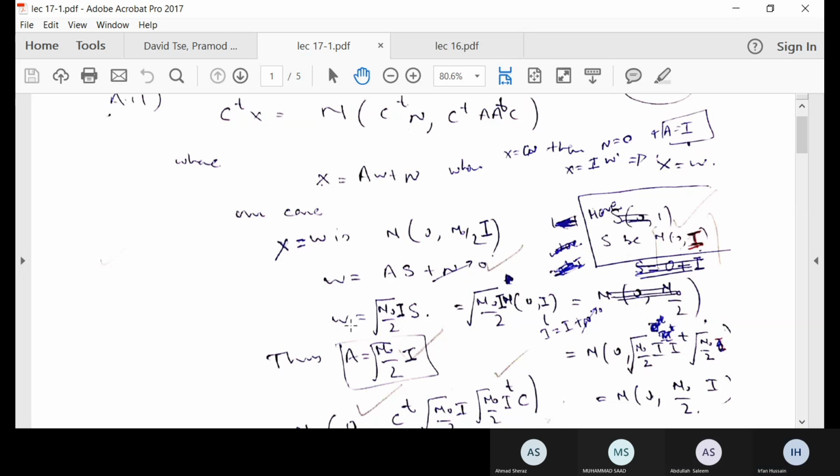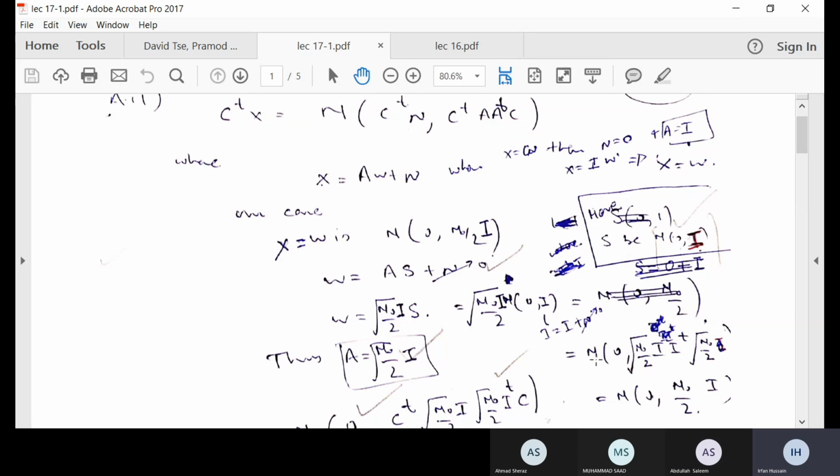Now w can be written as N(0, N0 over 2 I), where I am saying that A will be equal to square root of N0 over 2 into I. Because if I do that, with this representation, I try to find the covariance.